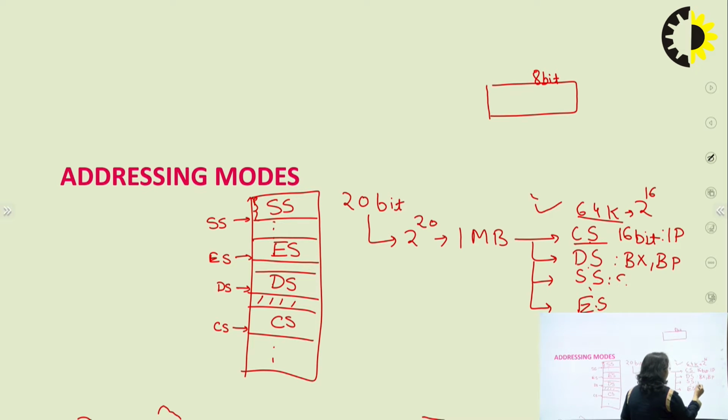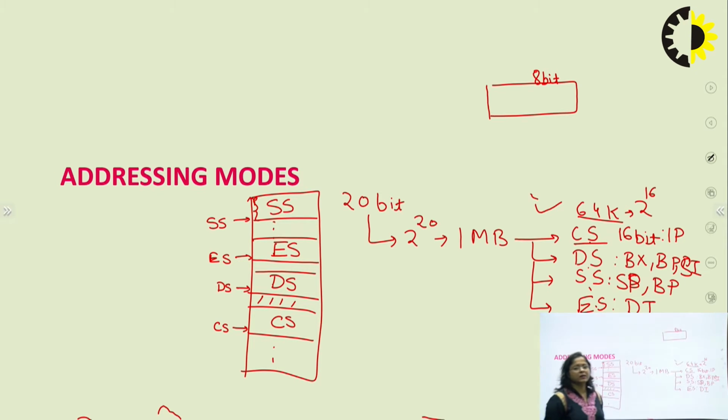With the stack segment, SP, the stack pointer, and the base pointer are used. And with the extra segment, the destination index register, and with the data segment, the source index register are used. So these are the various pointer and index registers which are used to point to the address within each segment.